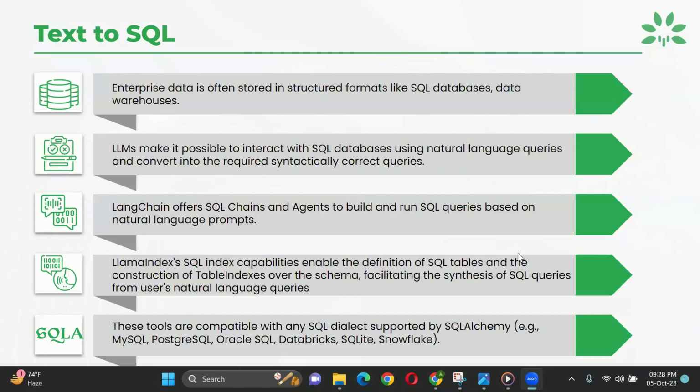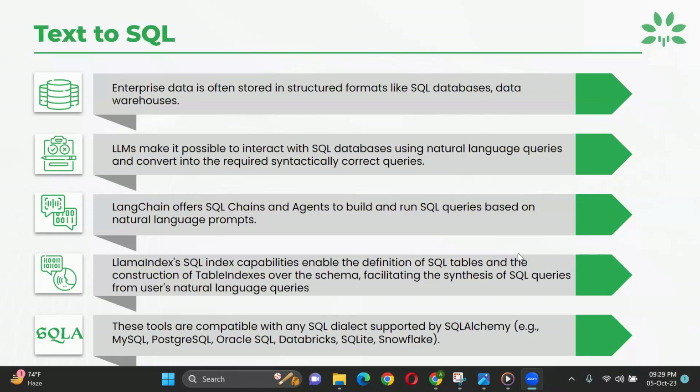So definitely around text to SQL also, LangChain provides the ecosystem of chains and agents which are specifically dedicated for SQL, which cater to the functionality of building, like generating SQL queries. So we look at that.